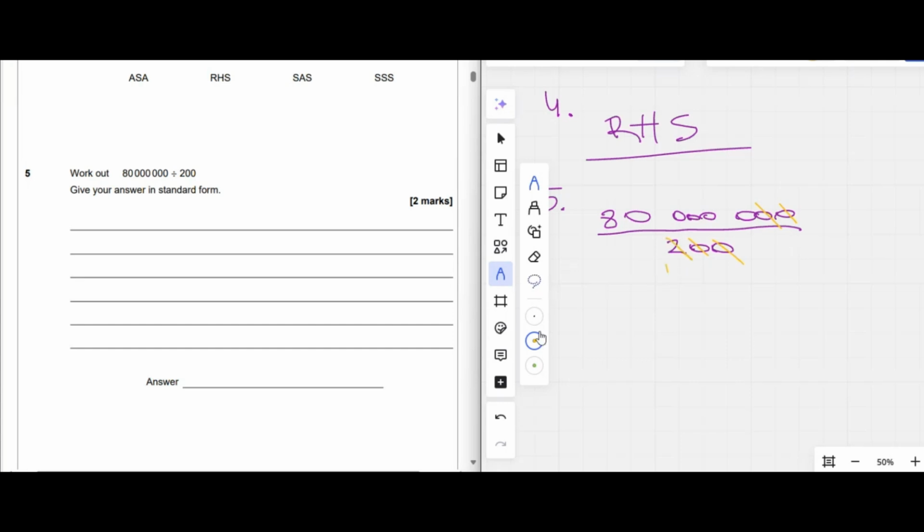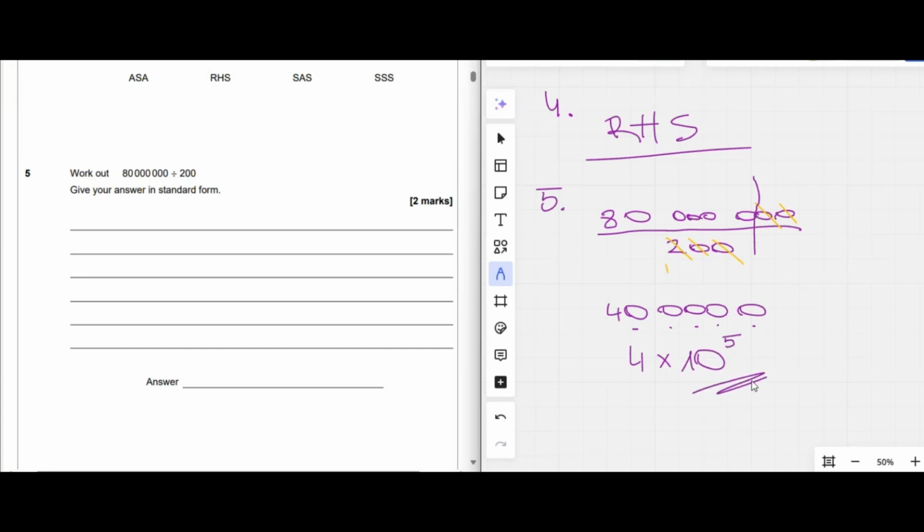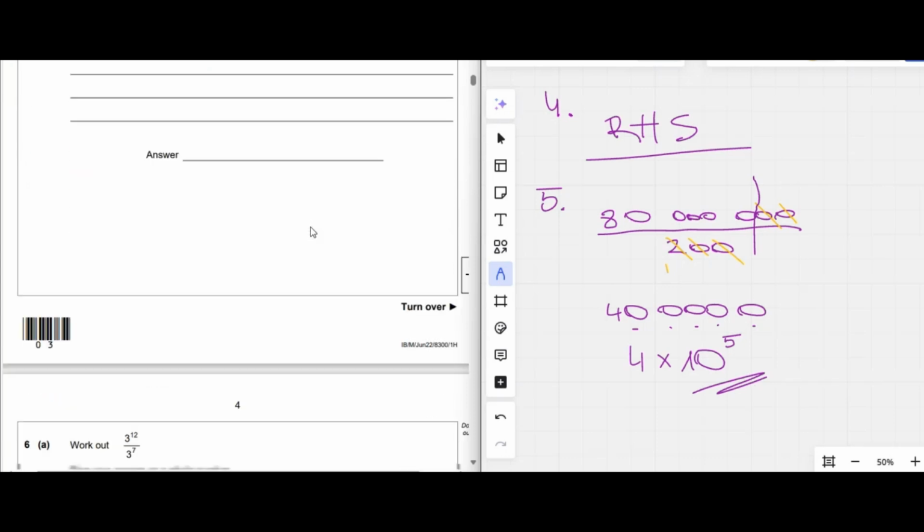So it will leave us 4 from that 8 by 2, and 1, 2, 3, 4, 5 zeros left. So we have 4 times 10 to the power 5, and that's the standard form.